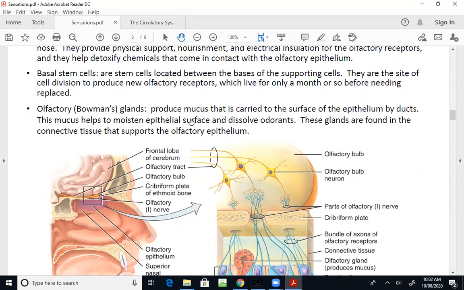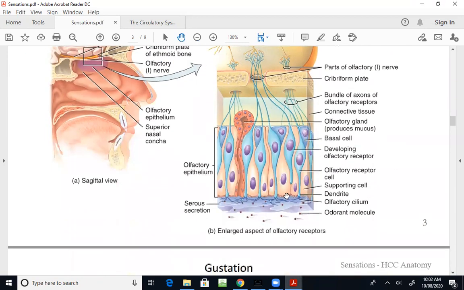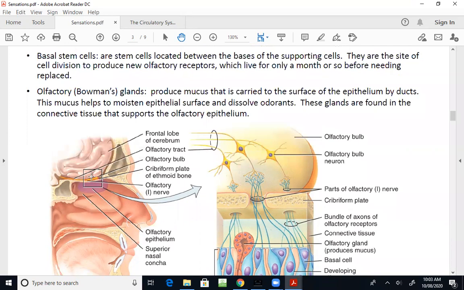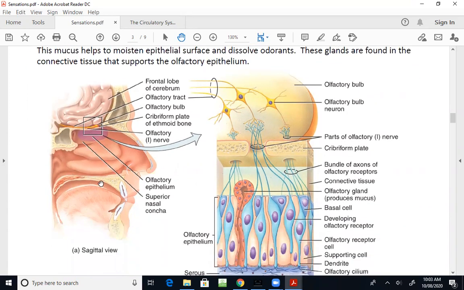This mucus helps to moisten the epithelial surface, and very importantly helps to dissolve the chemicals, which helps them then come into contact with those hairs so that we can then stimulate those receptors. The gland itself is actually located more so in the connective tissue, but as you can see, its tube, its duct, carries a secretion of mucus through the olfactory epithelium.